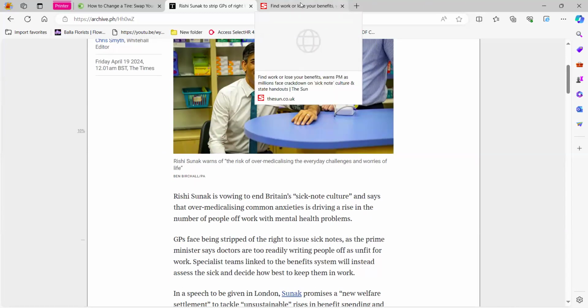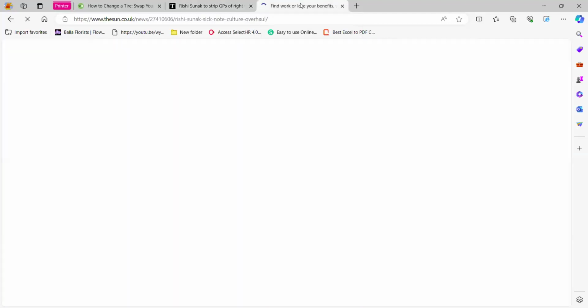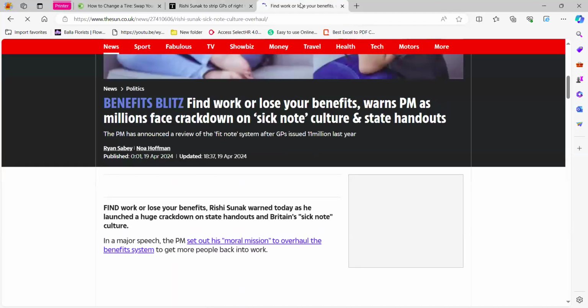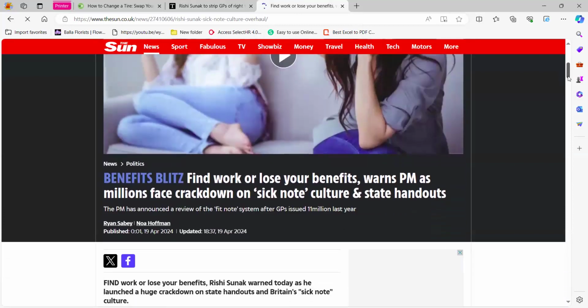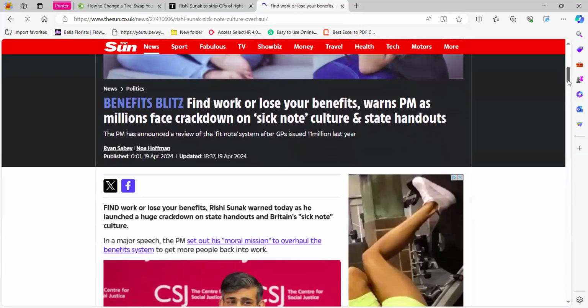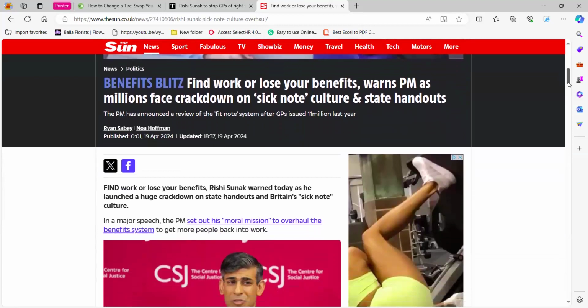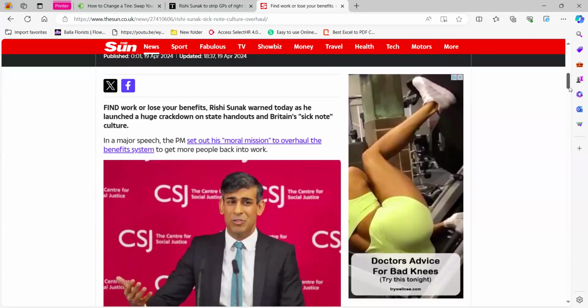It's the same story, but in the other type of newspaper, obviously the online version. So if you compare them, see if you can tell me which is the serious one, the broadsheet, and which is the tabloid. So I'll just show you and then move down. Just read a little bit of it.